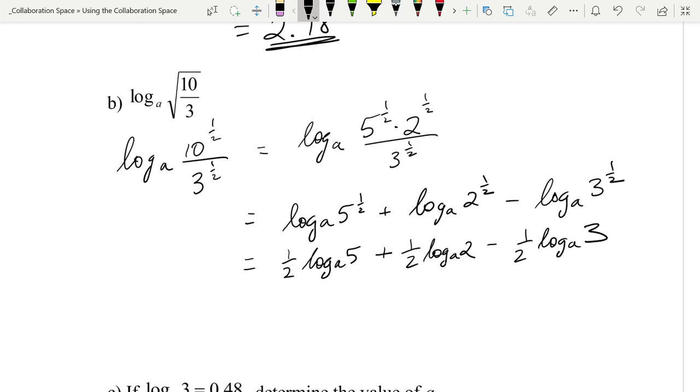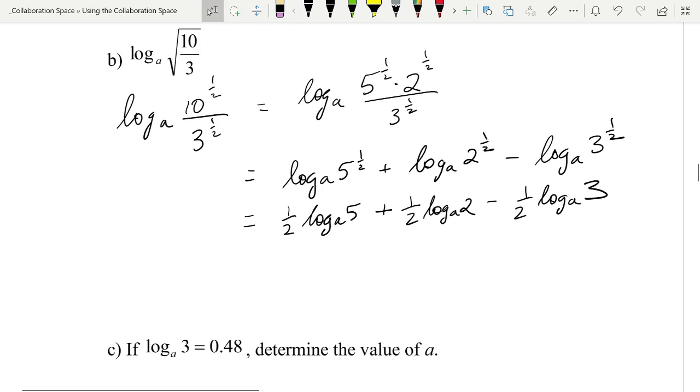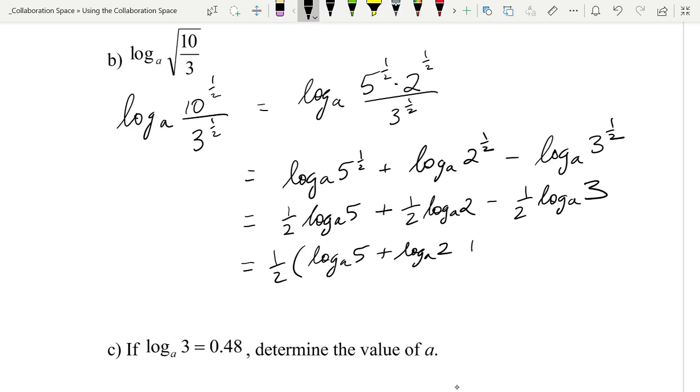And then I can evaluate. Actually, you know what I'll do even before I evaluate? I can save some calculating. I could factor that 1/2 out so that I only have to deal with it once. There we go. Log to the base a of 5 plus log to the base a of 2 minus log to the base a of 3.